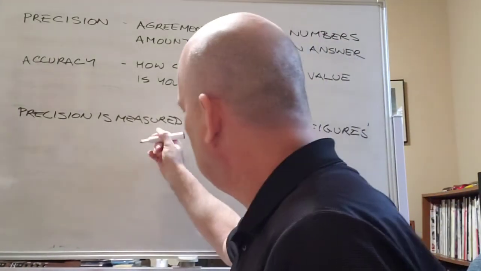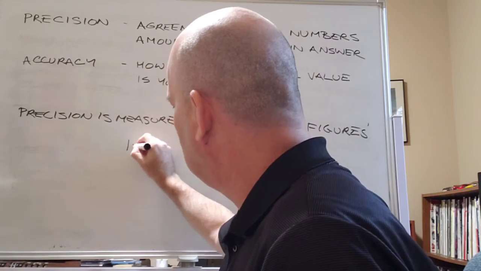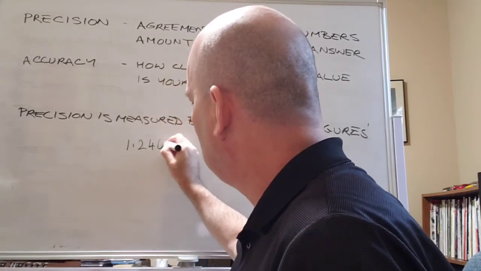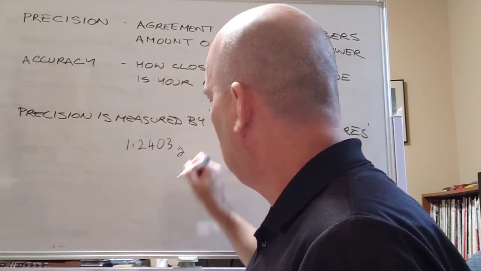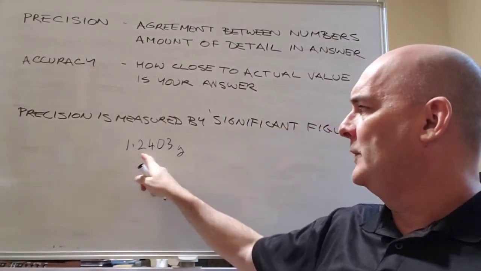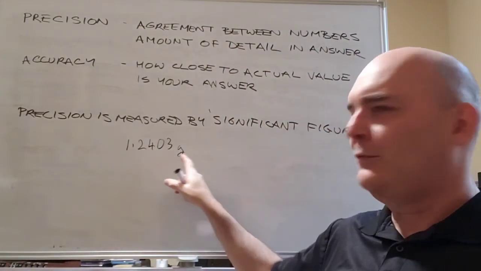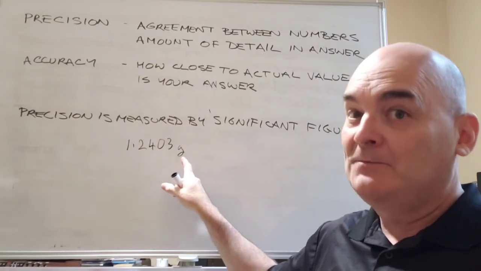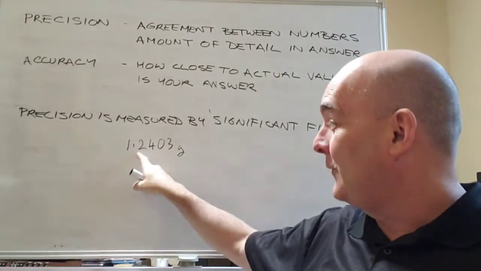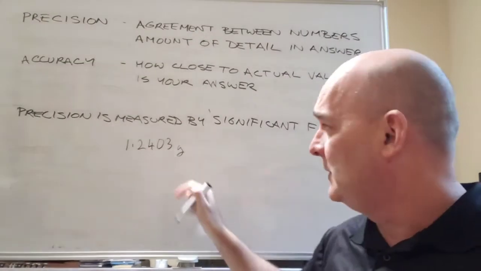The first person goes over to an analytical balance and measures that the gold coin weighed 1.2403 grams. Okay, that's a very precise answer. It's got 4 digits behind the decimal place.